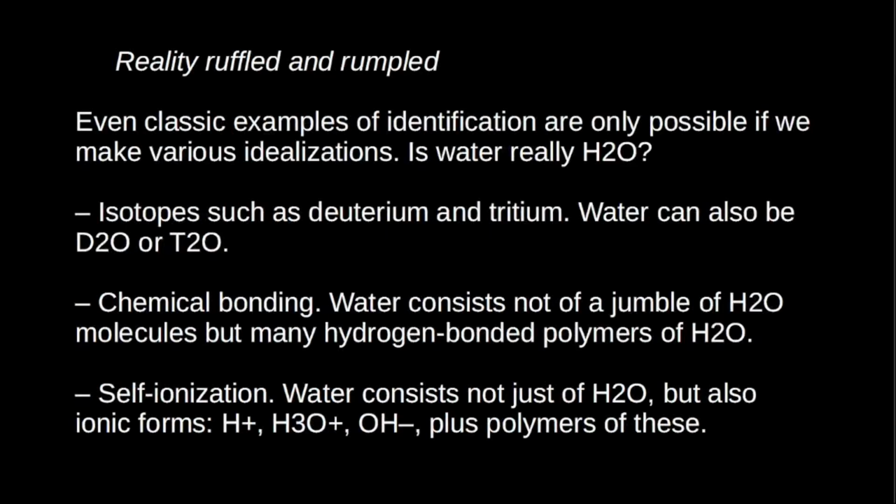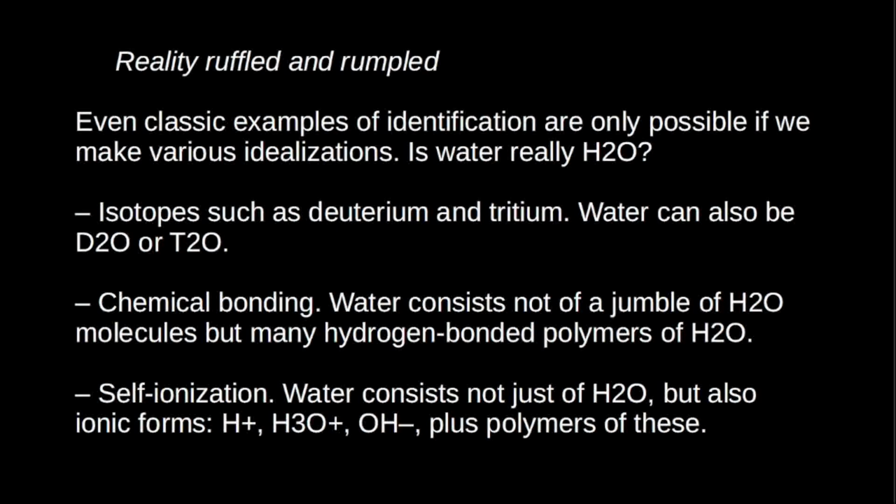A second concern here is that even in classic examples of identification, we actually find on closer inspection a lot of wrinkles. So take the discovery that water is H2O. Pretty much everybody's going to accept the identity statement, water equals H2O. This is a standard example that philosophers use of a successful reduction or identification of a manifest concept with the concept of a scientific theory.